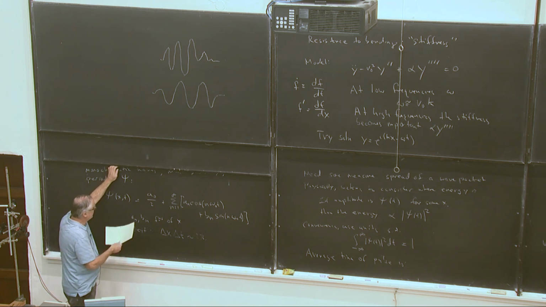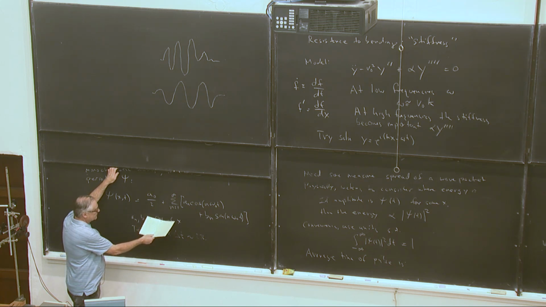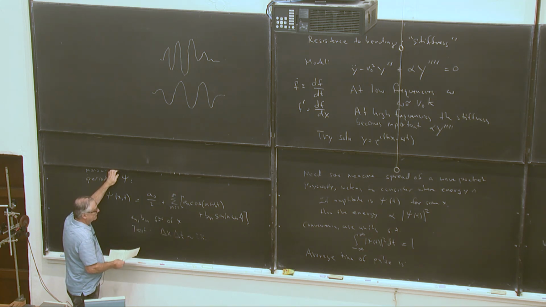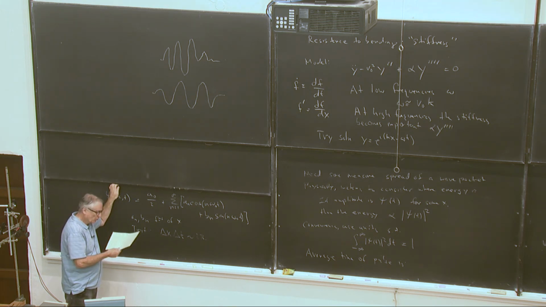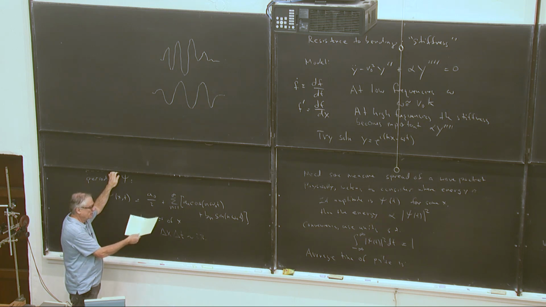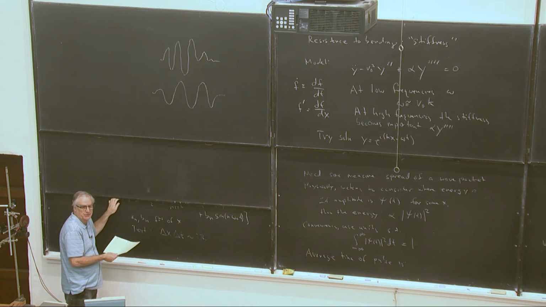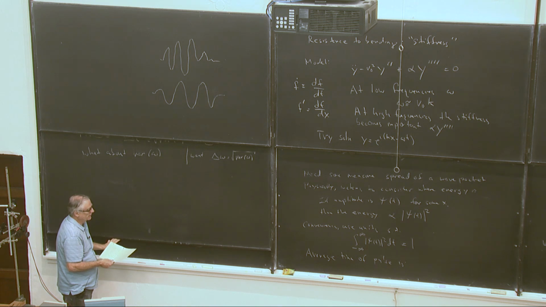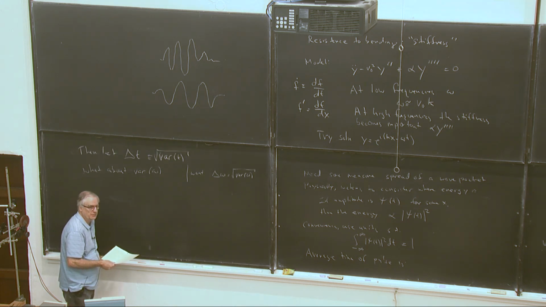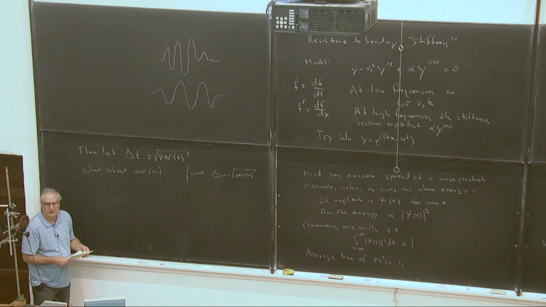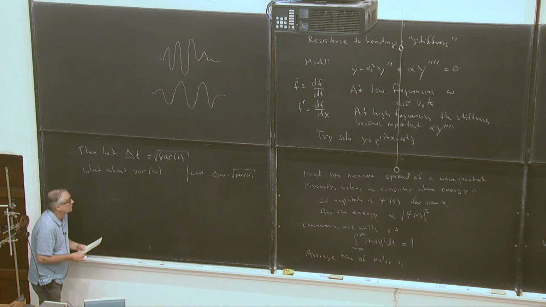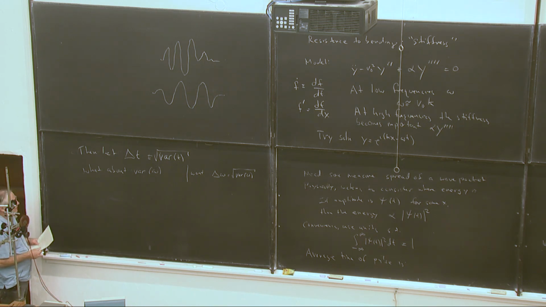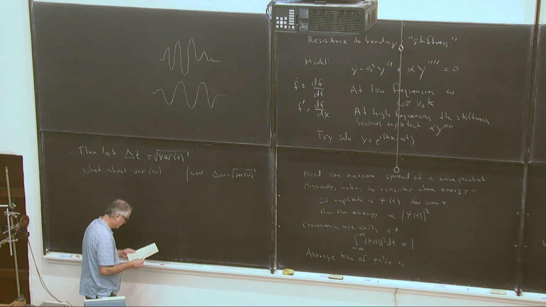So I want to do something to this that works for a single pulse, not a periodic string of pulses. So I'm going to have to take some kind of limit on the fundamental period of this thing. Let's see how it works.